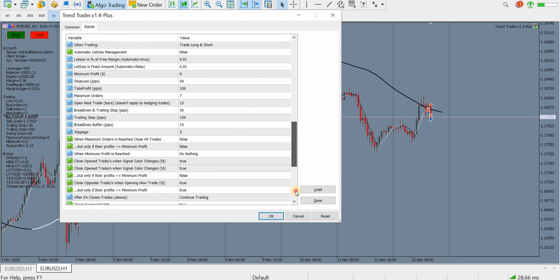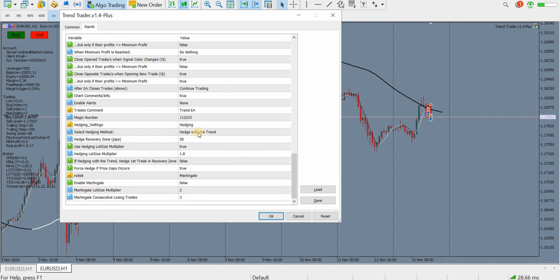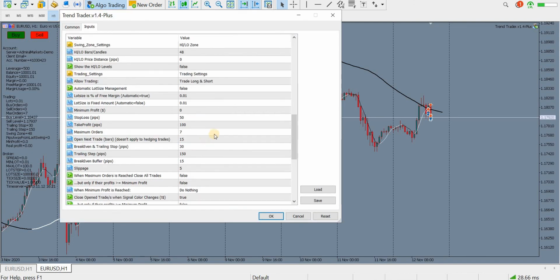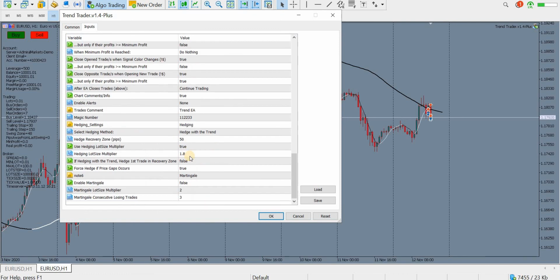And this is it. This is about hedging with the recovery zone and hedging with the trend. Now, if you are trying to use this in a somehow related way, and you are with a US broker that doesn't allow hedging, one thing you can do is just set a stop loss lower than the recovery zone.